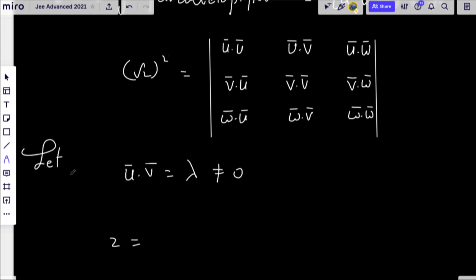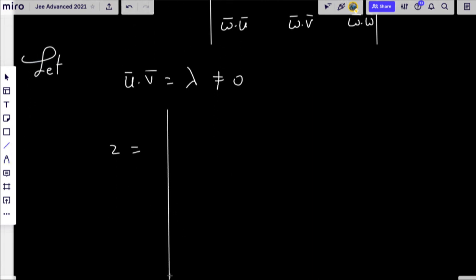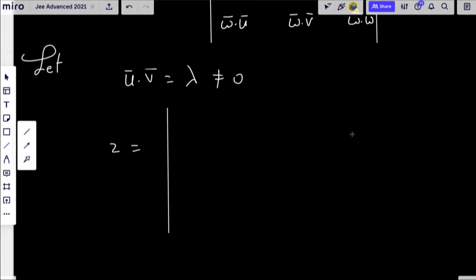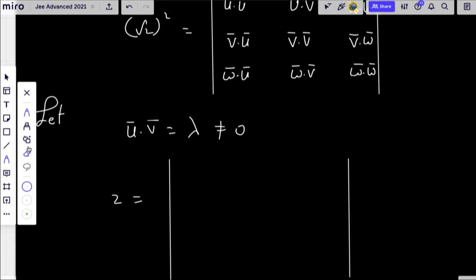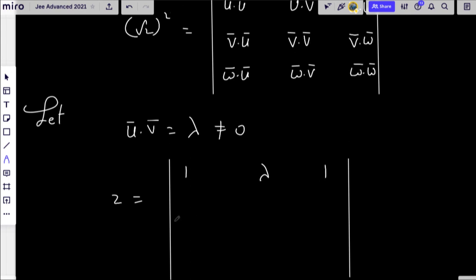Substituting the values: u dot u is 1, then lambda, 1; then lambda, 1, 1; w dot u is 1, w dot v is 1, and w dot w is 4, as mod w is 2.